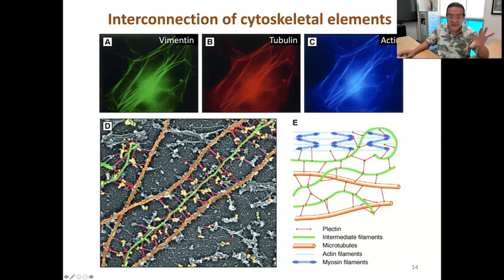So if we look at this image down on the left, this really nice false color electron micrograph, you can see how these 3 filaments work together. We have the intermediate filaments in green. These are the strongest structural support ones.